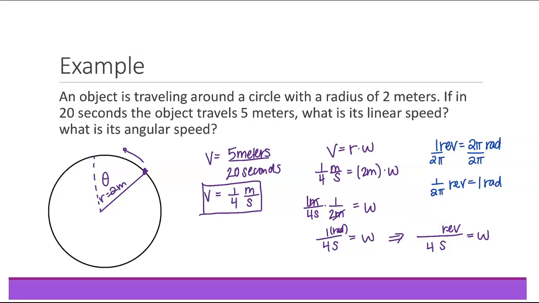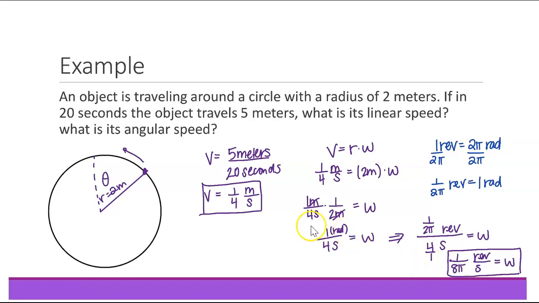Otherwise, I'd have to write it vertically, 1 over 2 pi like this, just to be incredibly clear about where that pi is. So 1 over 2 pi divided by 4, we can think of as multiplying by the reciprocal. 1 over 2 pi times 1 over 4 gives me 1 over 8 pi revolutions per second as my angular speed.